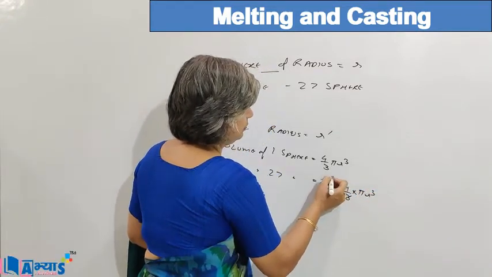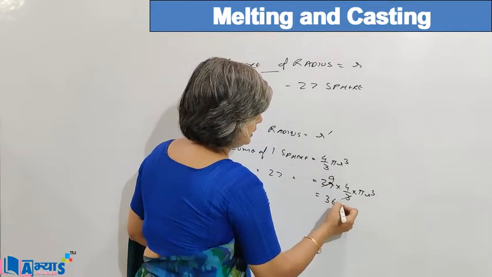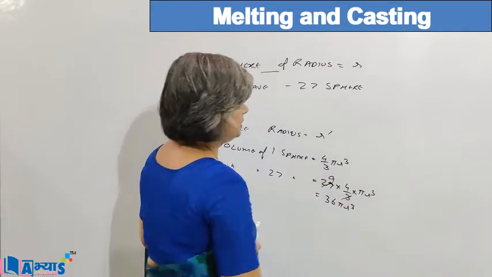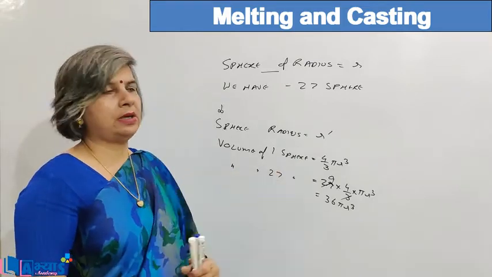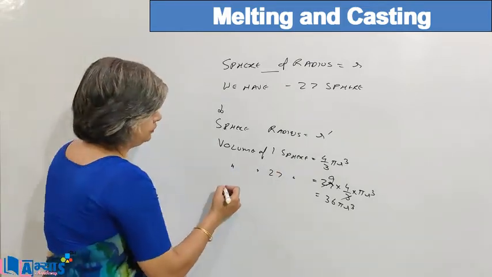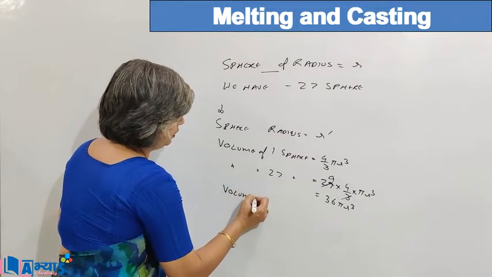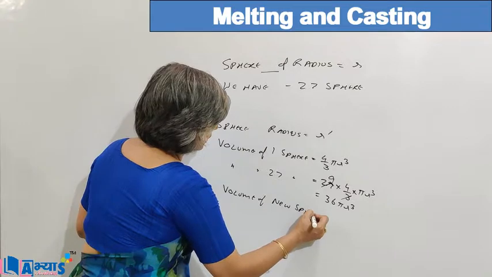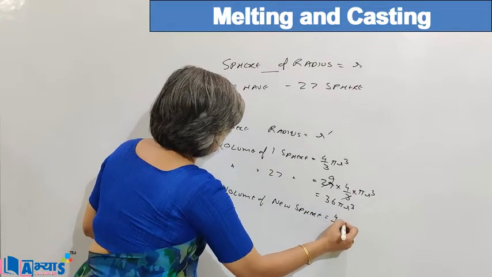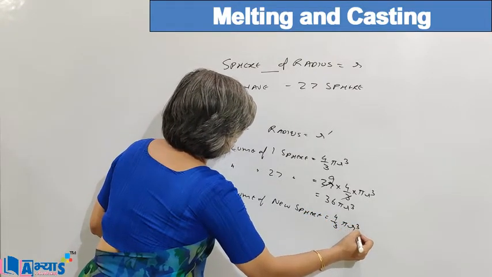It will cancel out, we get 9, and 9 fours are 36 pi r cube. So this is the volume of the 27 spheres of radius r, and the volume of the new sphere is 4 by 3 pi r1 cube.